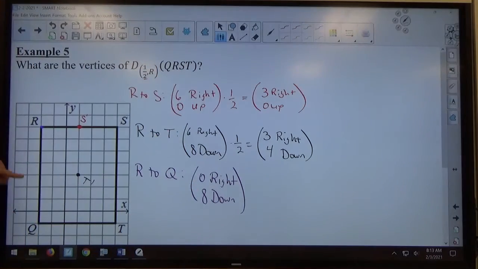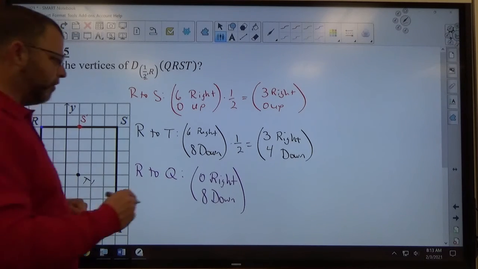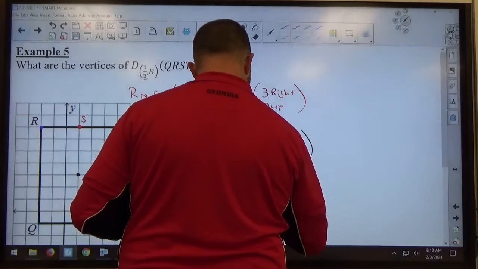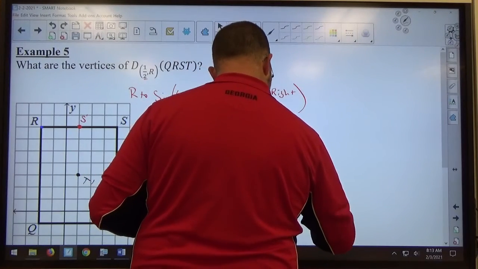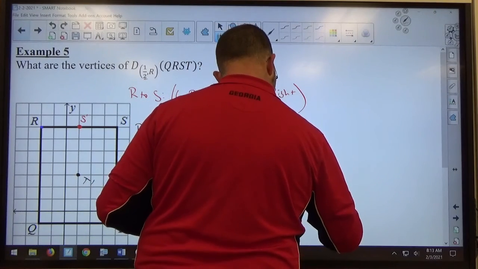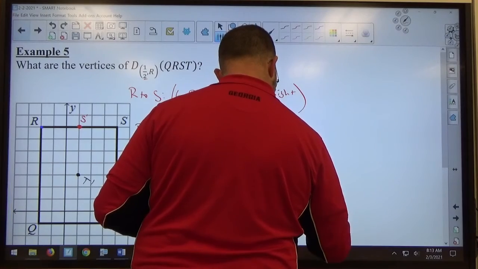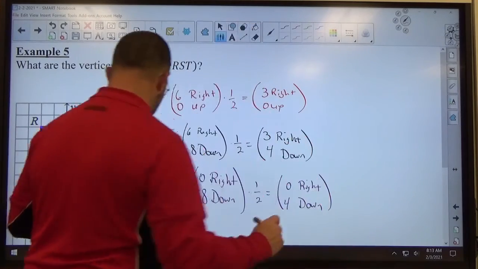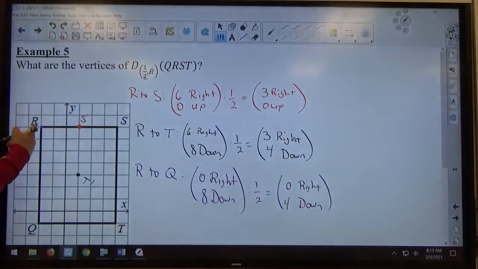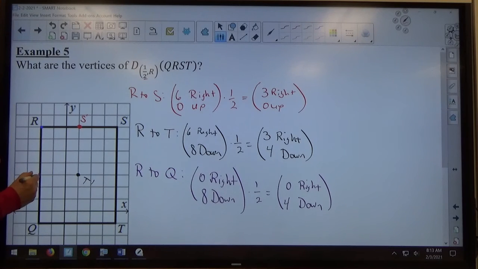And just figure out the original directions from one point to the other. And then I'm going to apply the scale factor, 1/2. 1/2 of 0 is 0 right, and 1/2 of 8 is 4 down. So if I'm on R, I go 0 to the right, 1, 2, 3, 4 down, I end up right here. This is Q prime.